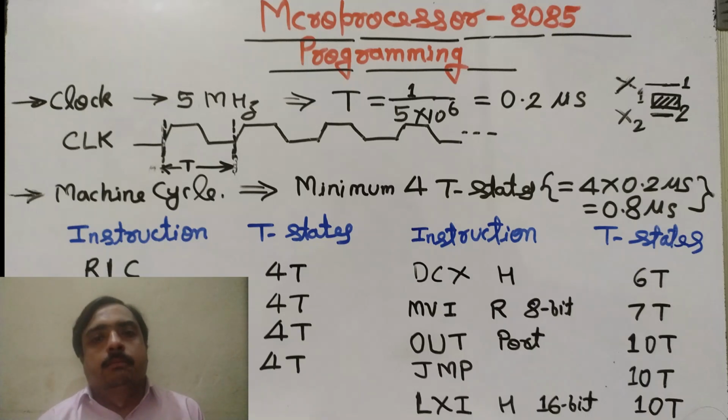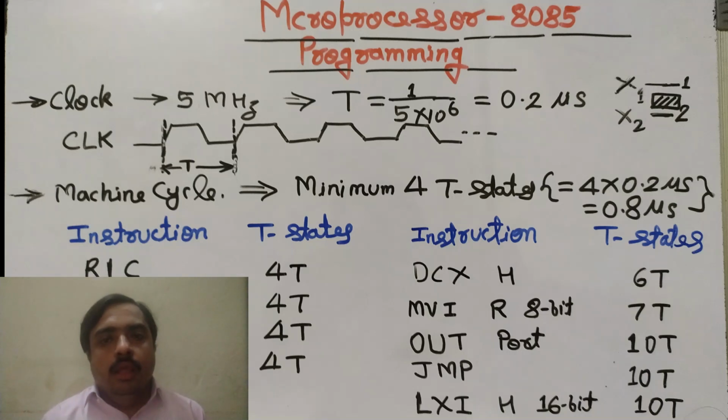Machine cycle, or you can say instruction cycle. One machine cycle includes many instruction cycles, meaning the minimum time consumed by the processor to execute a particular instruction is called an instruction cycle.